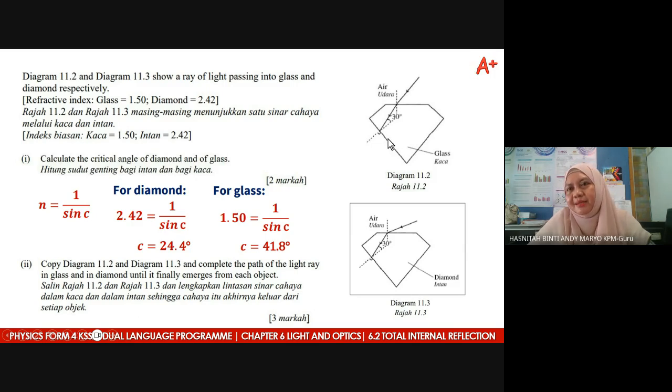Your drawing must start from here. So from here, what happens? Where will the light go? Will it undergo total internal reflection, or will it be refracted out from the medium? Okay, so you can try practicing drawing and see what the differences are.